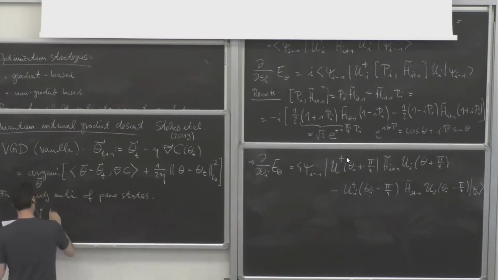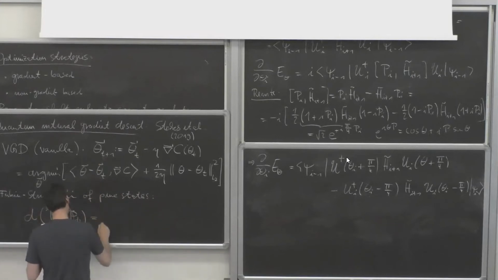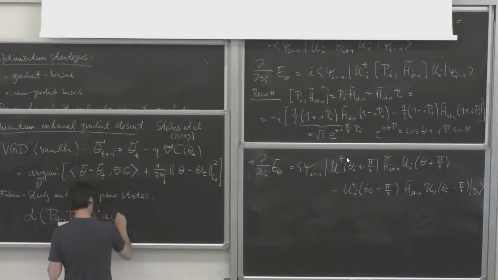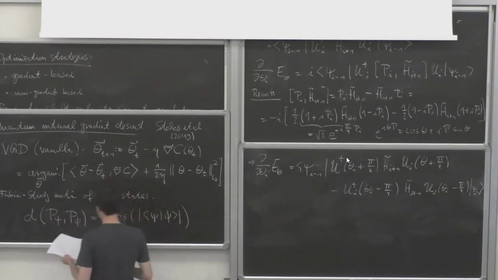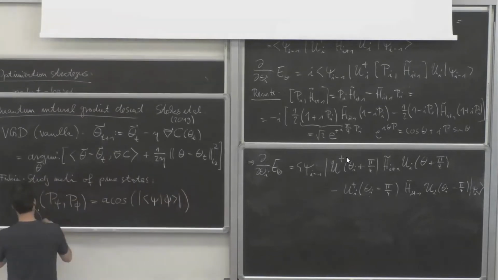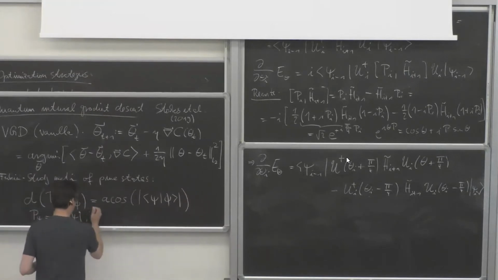The distance between, I'm going to use the notation here from the paper. So if you read that paper, you're going to recognize this notation. I thought that's kind of useful. So let me write it and explain it to you. So this P psi is just a pure state, so it's a projector.